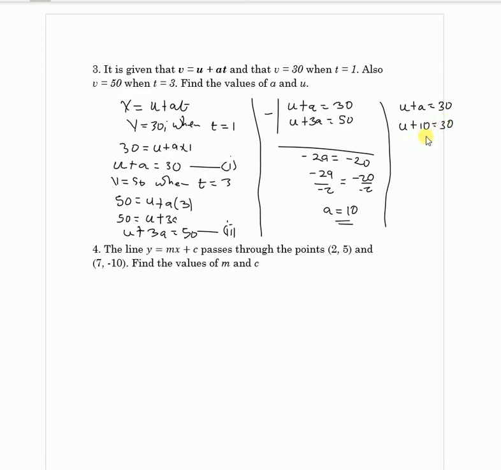Then this one goes to that side. We have that u is equal to 30 minus 10, and u is equal to 20. Therefore u equal to 20, a equal to 10. Those are the values we have just got, and there we are.